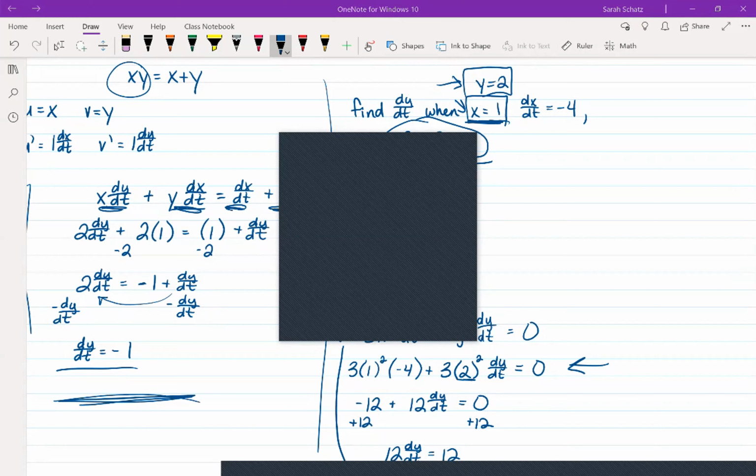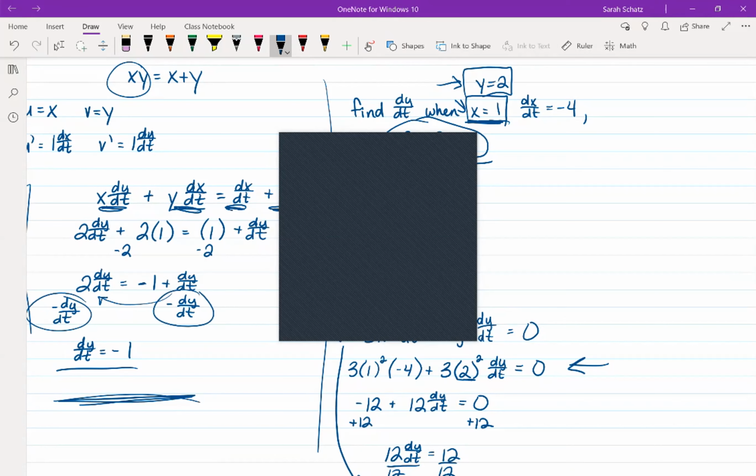Okay, so notice what happened here. We subtracted dy/dt on both sides. So I had 2 dy/dt minus 1 dy/dt, and that left me with 1 dy/dt. Is that where your question was?